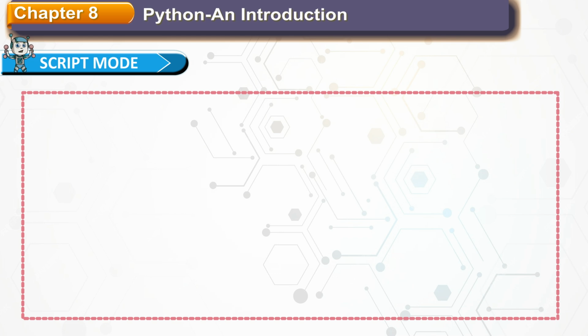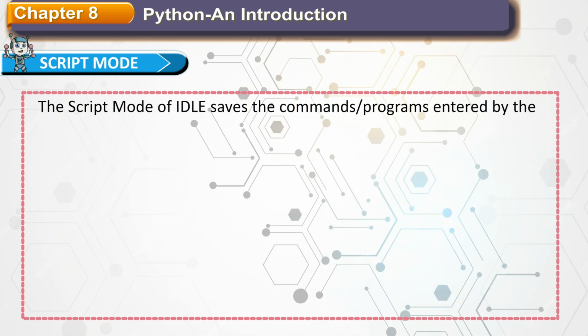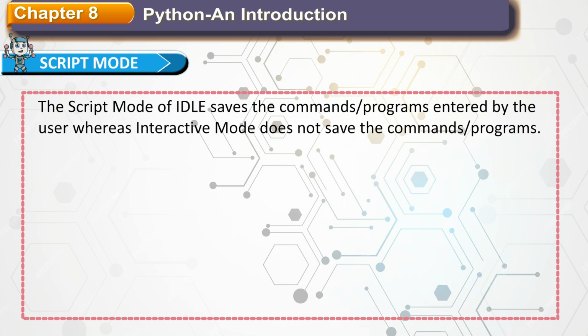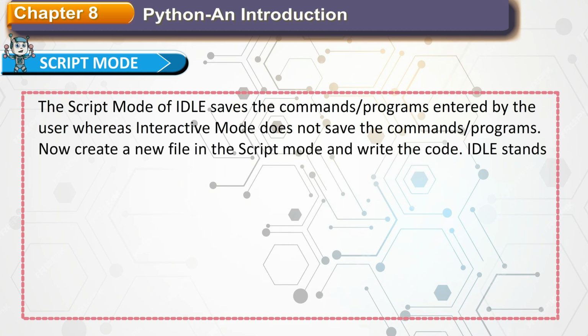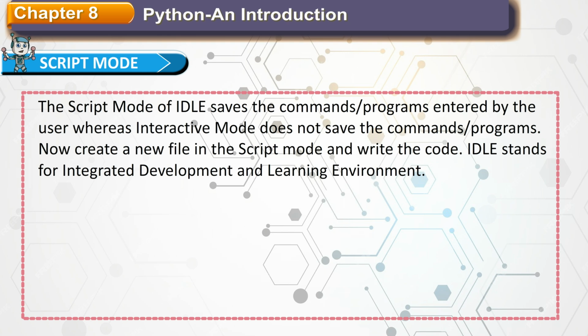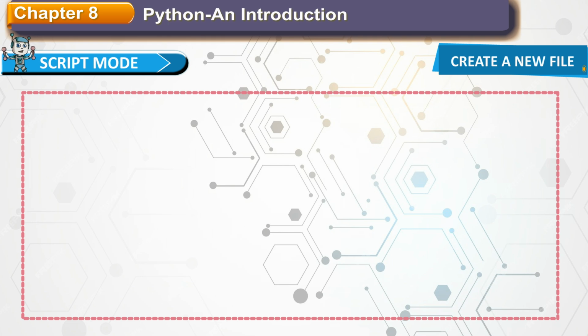Script mode. The script mode of IDLE saves the commands or programs entered by the user, whereas interactive mode does not save the commands or programs. Now create a new file in the script mode and write the code. Create a new file.